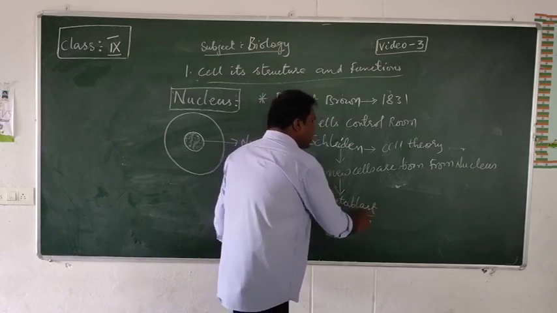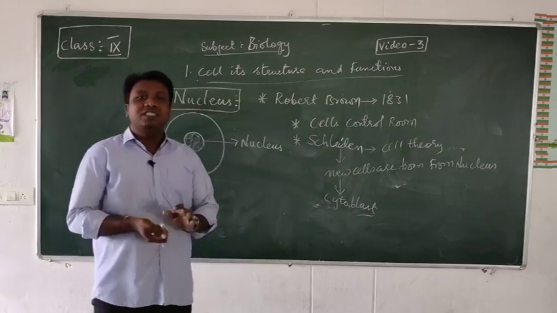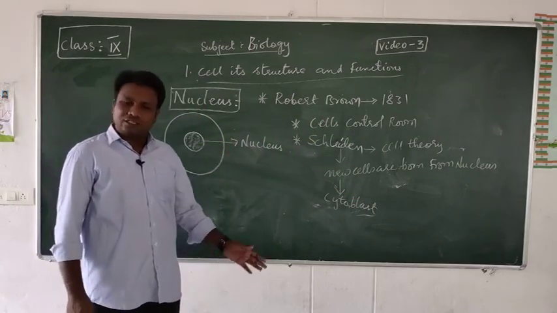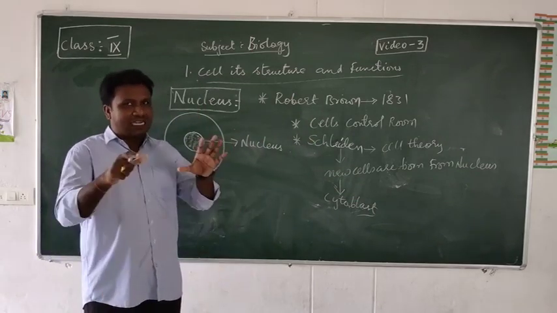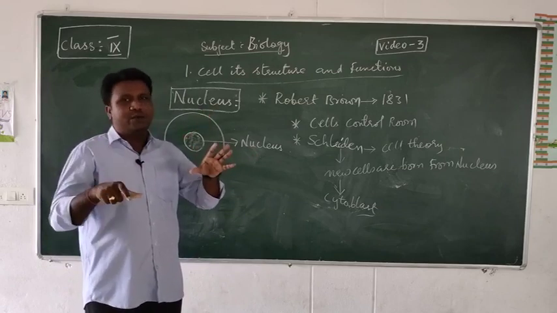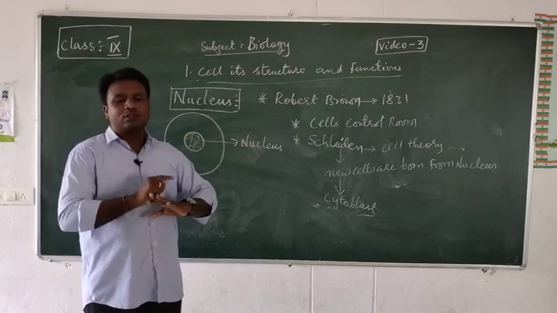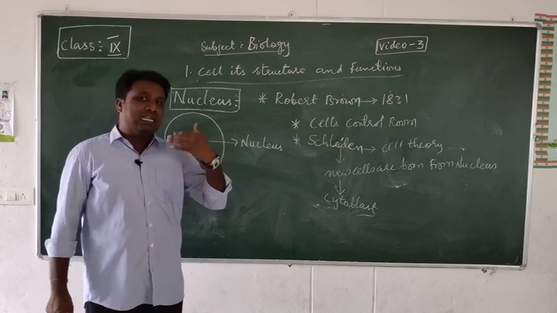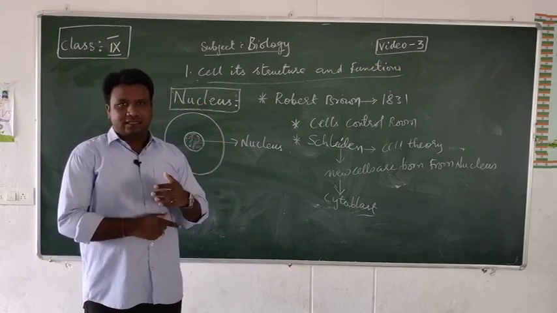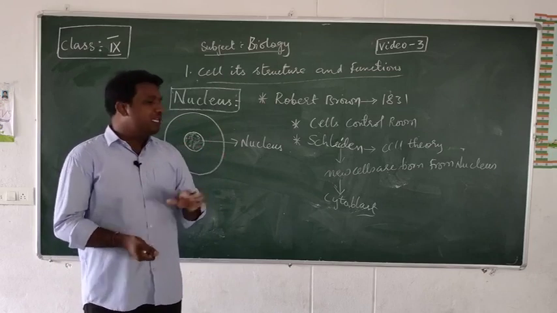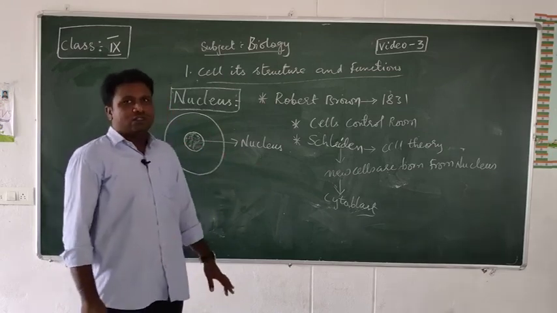Cyto means cell, blast means produce, that means it produces new cells. But it is not correct. Even during cell division, the entire cell will divide, and the nucleus also will divide into two halves. Regarding cell division, you will learn in your next class, that is in class 10.